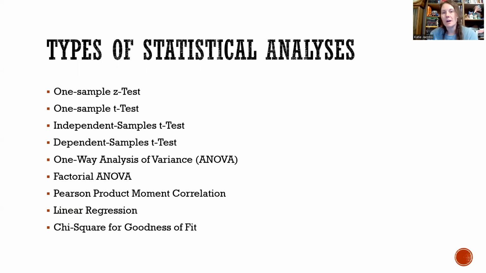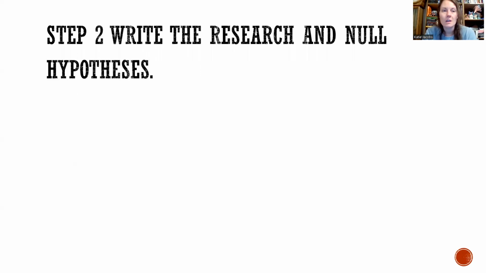We'll learn about Pearson product moment correlations. We'll learn about linear regression. And if we have time, we'll learn about the chi-square for goodness of fit. And so these are different types of statistical analyses. Each week, we will learn one of these and take them through these hypothesis testing steps that I'm teaching you. All right, so step 2 of the hypothesis testing steps is writing the research and null hypotheses.